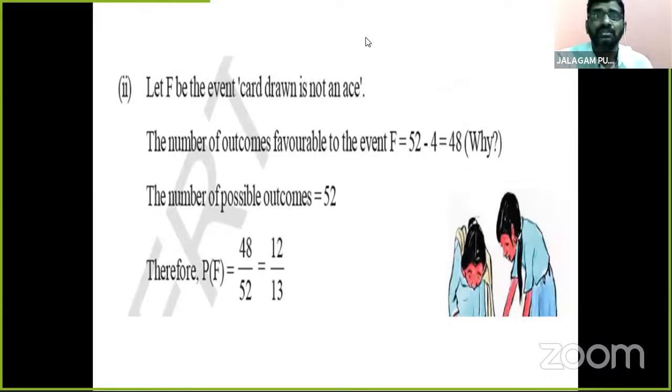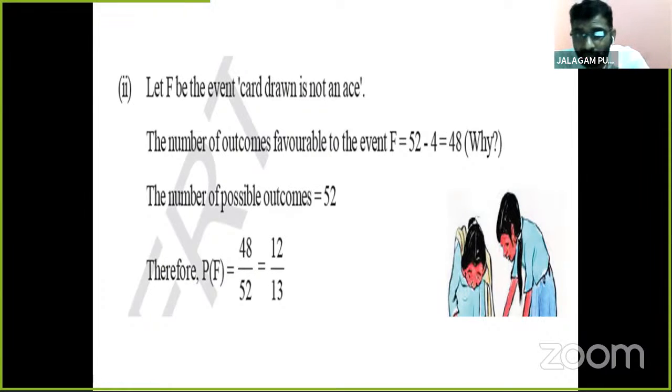Now, next one. Let F be the event that the card drawn is not an ace. How many aces are there? 4 aces.